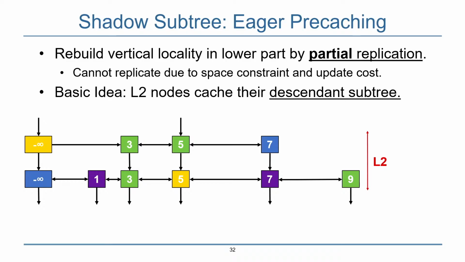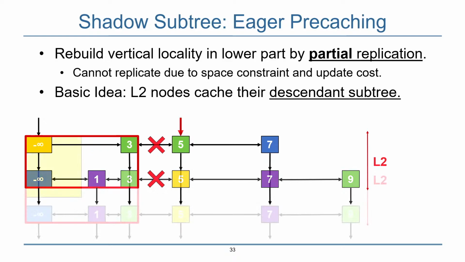So we slice the middle layer, which we call layer 2, and every node caches its descendant subtree. What's a descendant subtree? 5 is not a descendant subtree for this node because 5 is accessed this way. So that red box is the descendant subtree for that negative infinity in yellow.